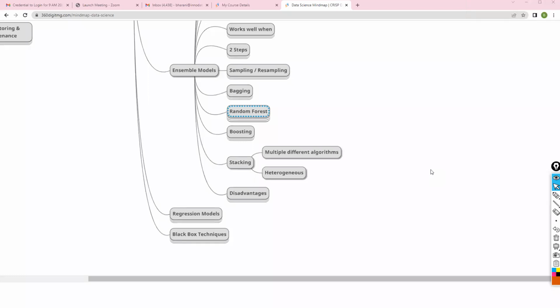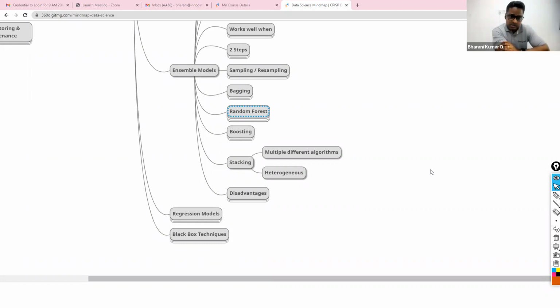Sir, in random forest, you said there will be different decision trees, right? These decision trees are again built with the same rules like entropy, information gain. Yes, the root node will be different for all the decision trees.